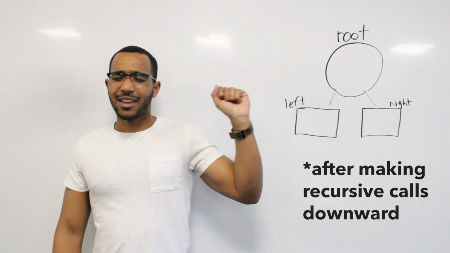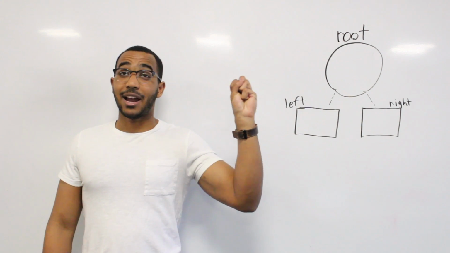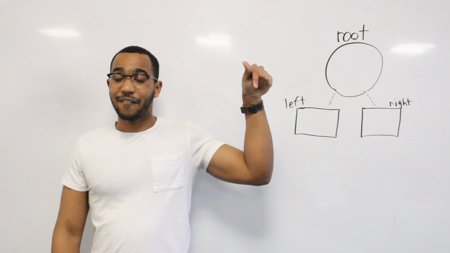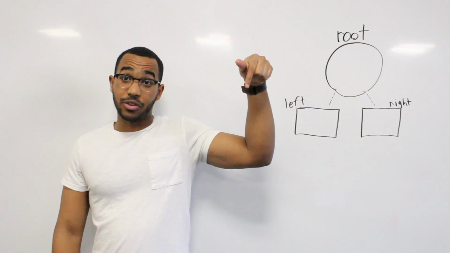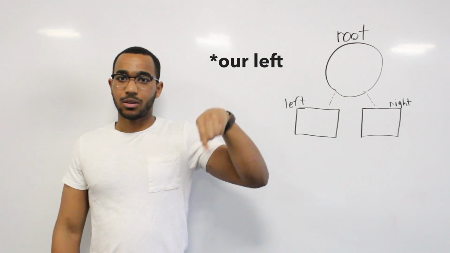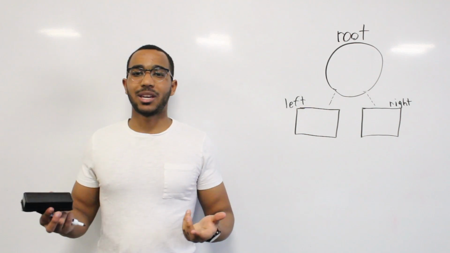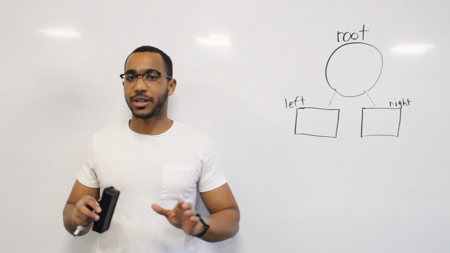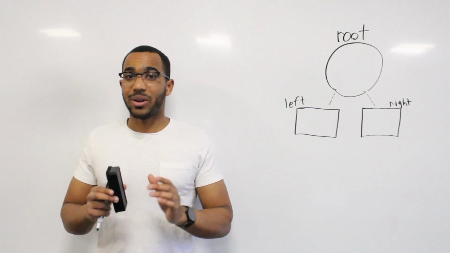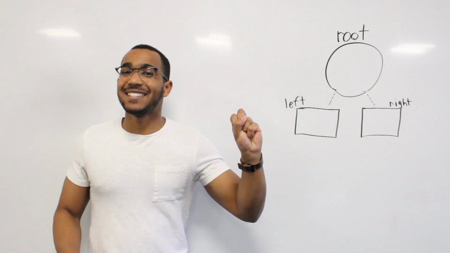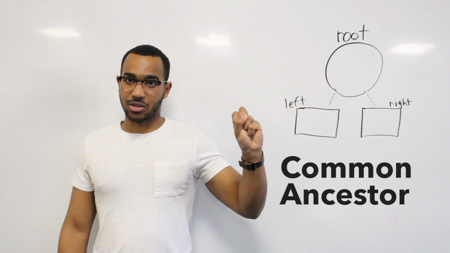And if I hold a node and I know that I've found one of the items to my right, one of the items to my left, and they're going to be unique instances, so there's no duplicates here, what I'm going to know is what I am holding is a common ancestor.